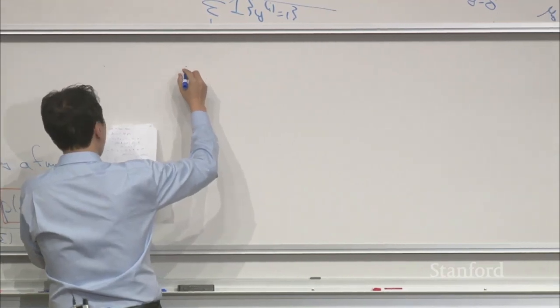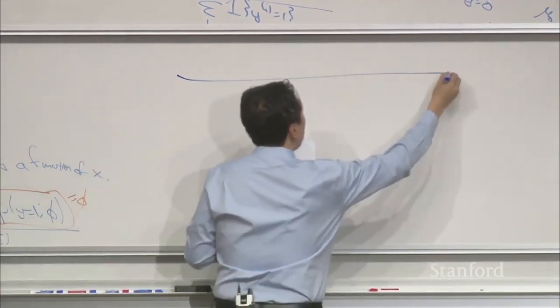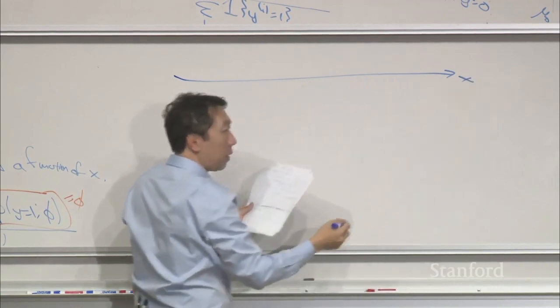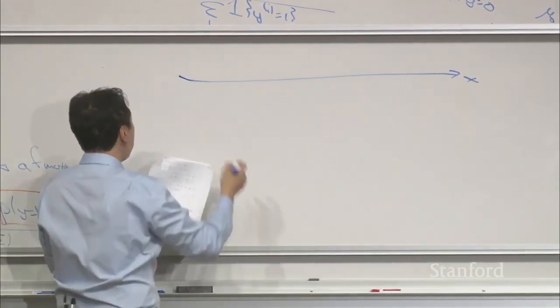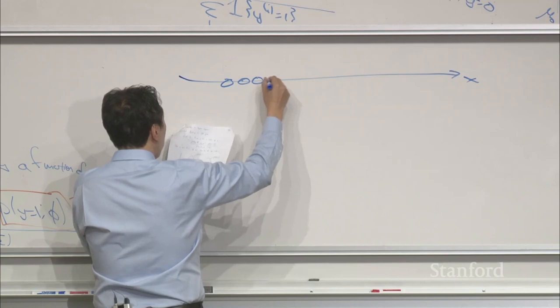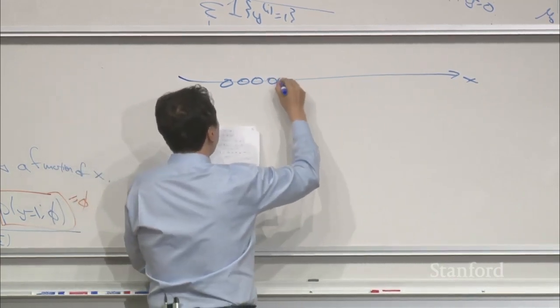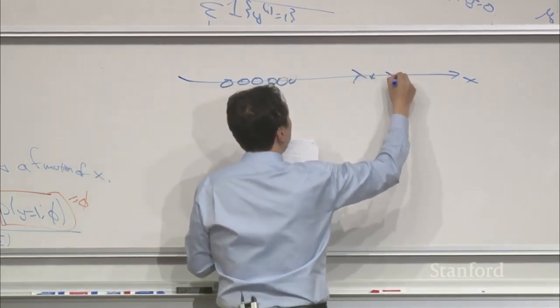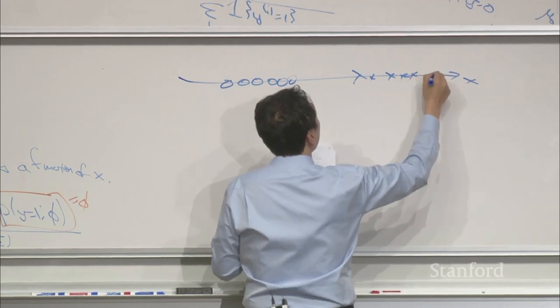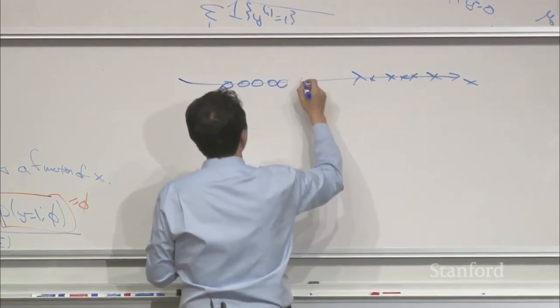Let's say you have just one feature, x, and let's say that you have a few negative examples there and a few positive examples there. So it's a simple data set.